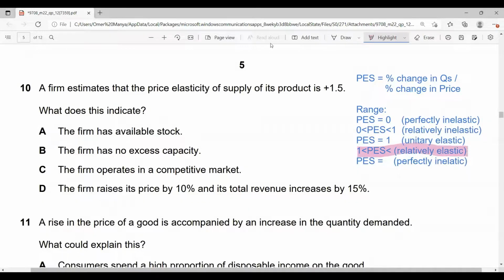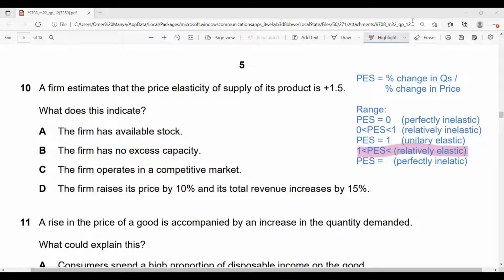Plus 1.5 indicates that this product has a relatively elastic supply. So what that means is that quantity supplied generally responds quite strongly to a change in price. In other words, the supply has the ability to respond to a change in price.